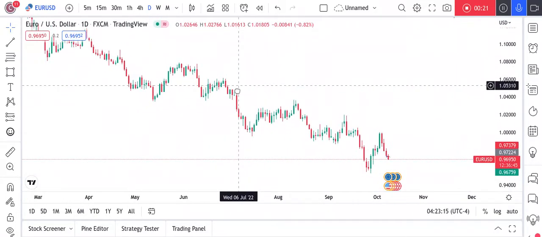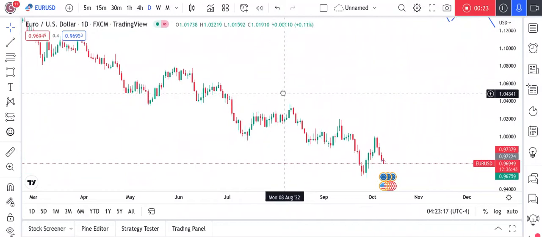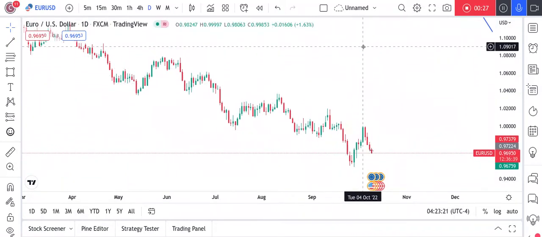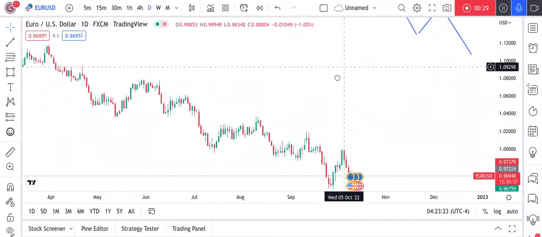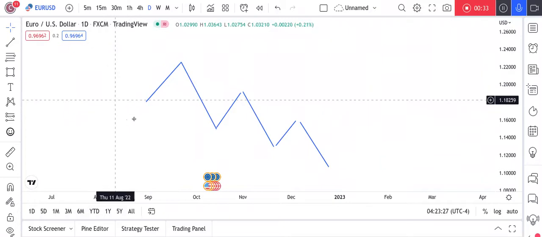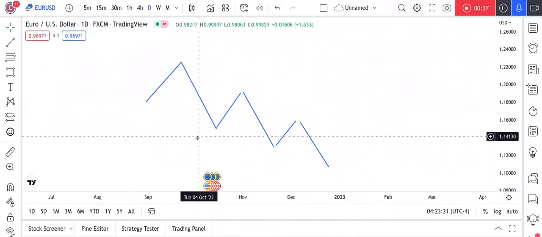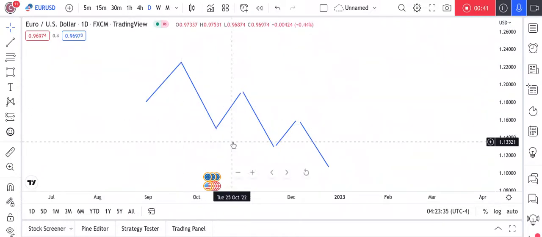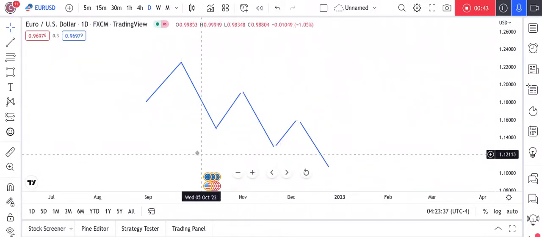So, basically, we're looking at the daily time frame chart, and like we've been told, this is a typical trend pattern or illustration that we've seen in many price action books. It has lower lows, lower highs, lower low, lower high.